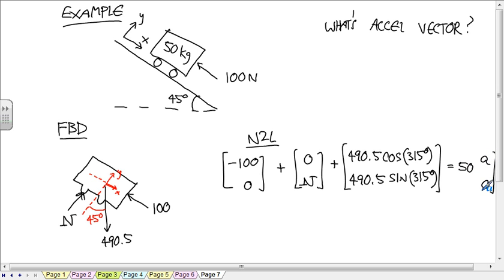This is another thing you can always count on: the acceleration is always going to be a, 0, if you choose the coordinate system the way I described it. Okay, so the first equation says negative 100. Can someone calculate 490.5 times the cosine of 315? Okay, so positive 346.84 is equal to 50A.